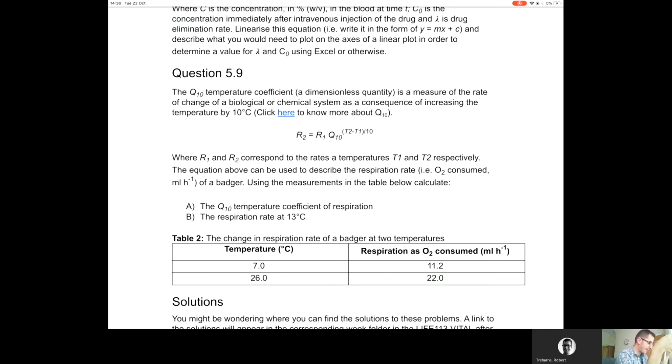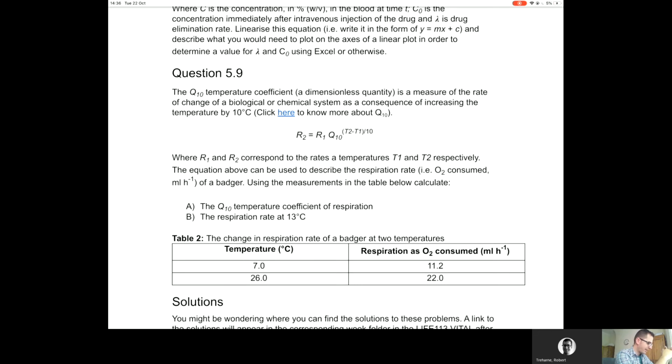In this case, that relationship describes the respiration rate, that is the amount of O2 in milliliters consumed per hour by a badger. And I have made 2 measurements in the table below, one at 7 degrees and one at 26 degrees.